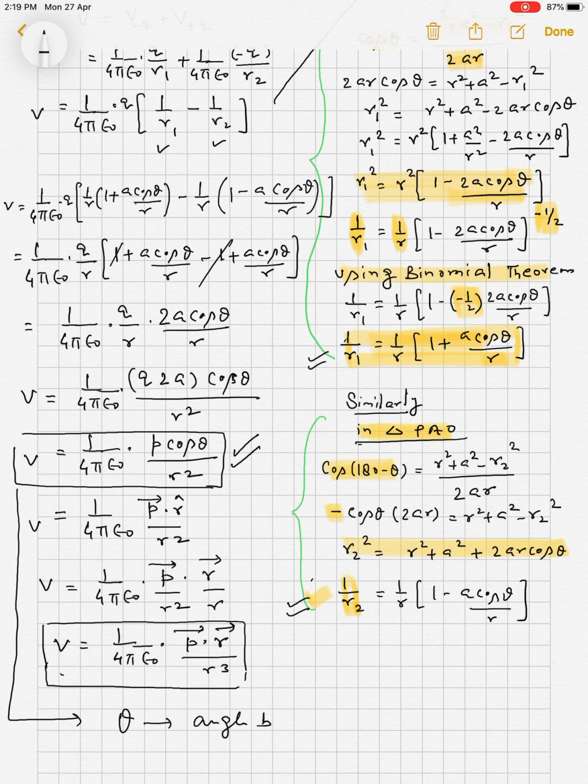So theta is the angle between p and r unit vector or r vector. Now here are two cases. The first case, case number 1, special cases.